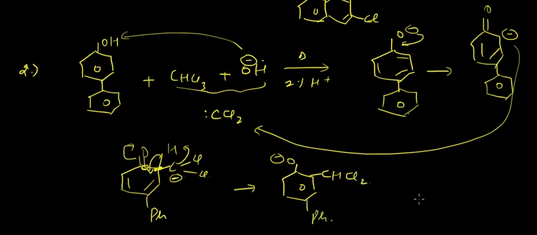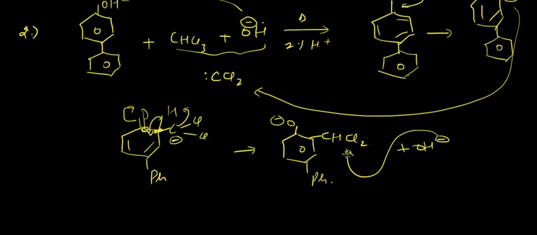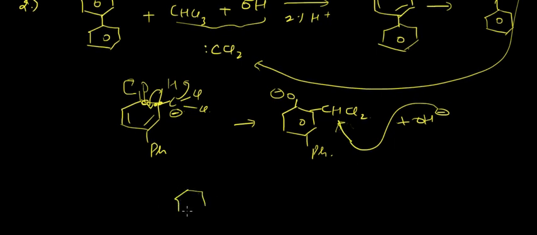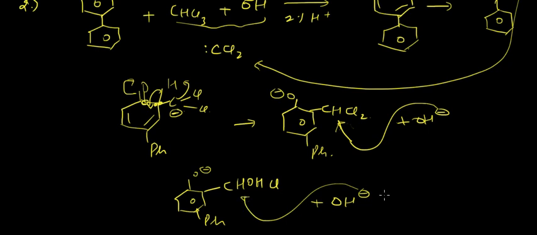Okay, now what will happen is again OH minus will be attacking on this carbon atom. Okay, and as a result we'll be getting something like minus CHOH Cl, and again OH minus will be attacking on this carbon atom, and so we'll be getting a geminal diol.